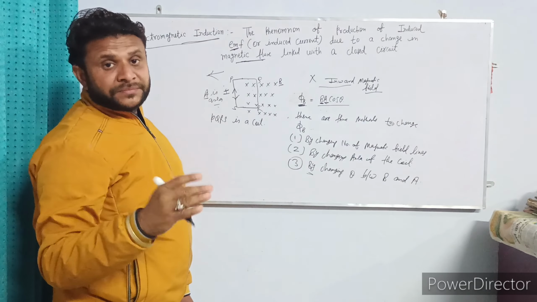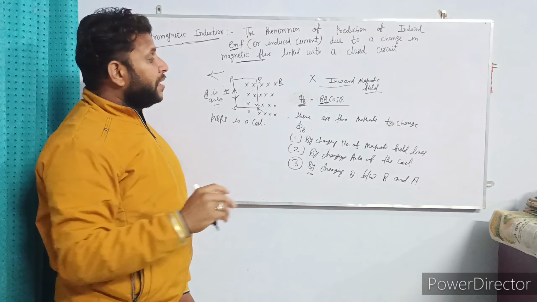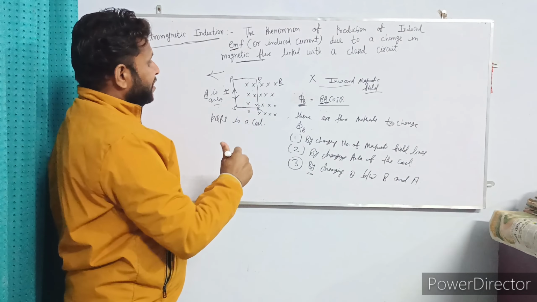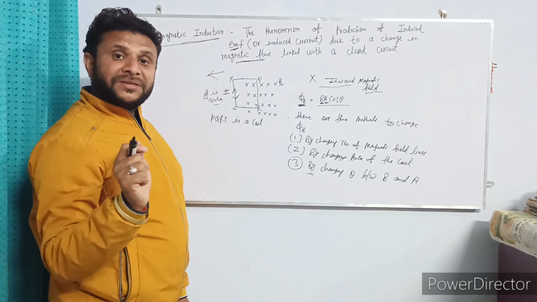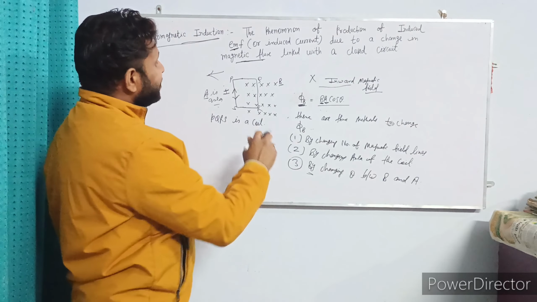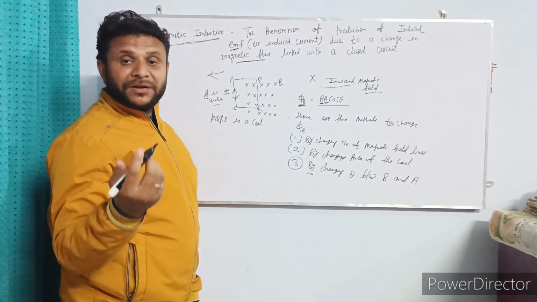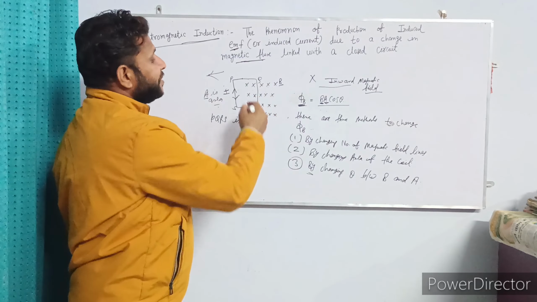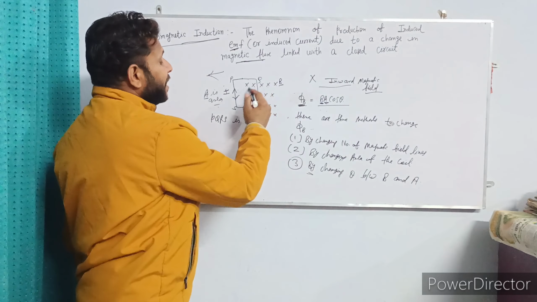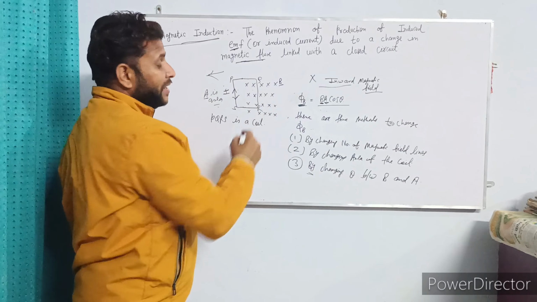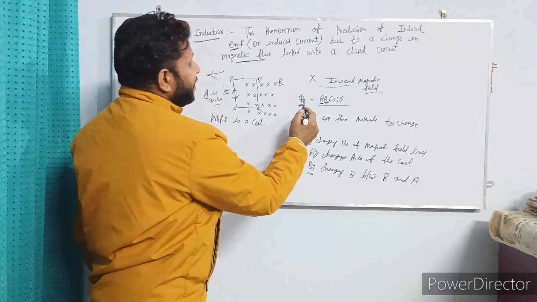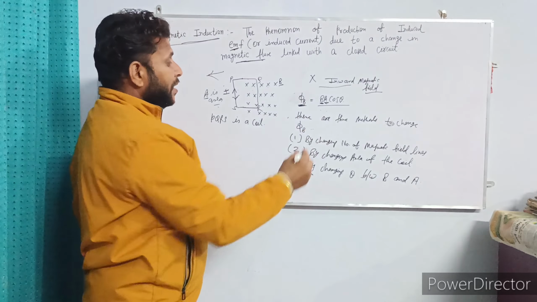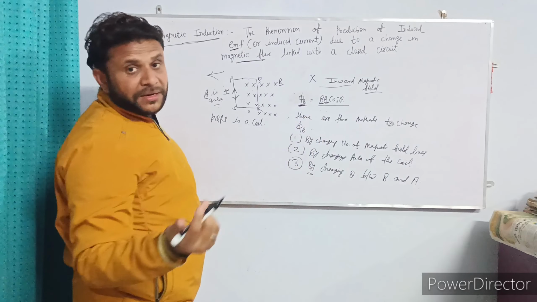So first, if a change in area occurs, then the magnetic flux changes. And the second is when by any method we change the number of magnetic field lines in this area, we change the magnitude of the magnetic field, then the magnetic flux changes, because the formula is BA cos theta. If B changes, then magnetic flux changes.